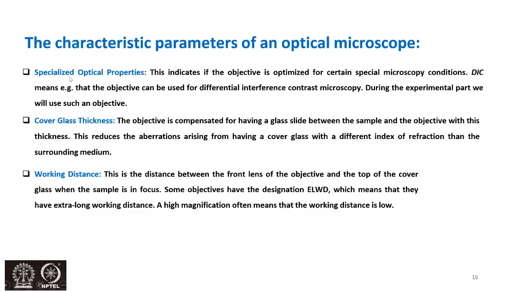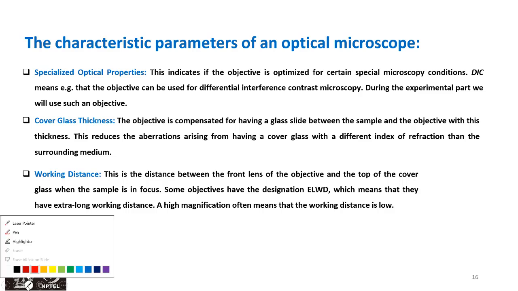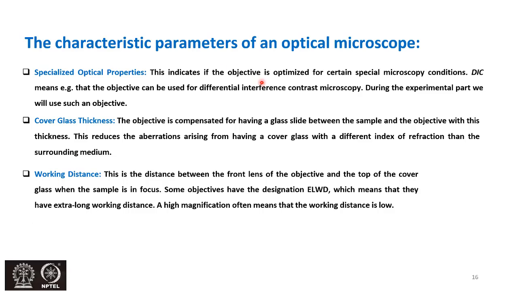Then we have different optical properties. And then the cover glass thickness, which we can specify depending upon the working distance. That is also one of the parameters of the objective lens. And then the working distance, obviously.